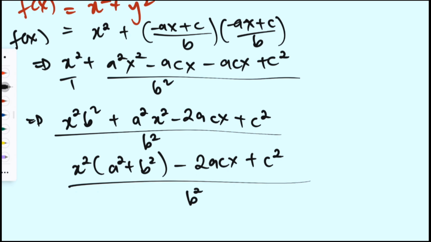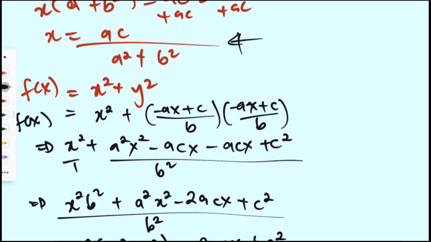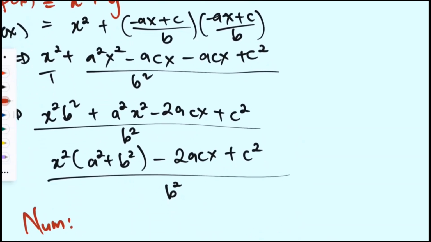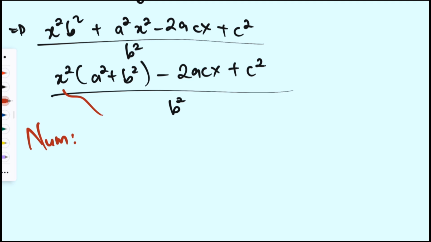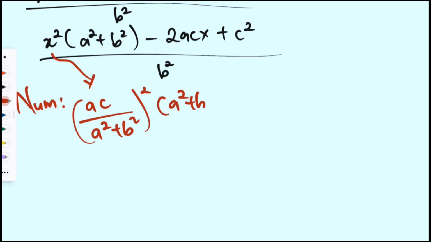Okay, now we're just going to slowly replace the x that we had so that we can get the minimum value. Working just with the numerator, we had x being equal to ac over a squared plus b squared, all squared, that's x, then times a squared plus b squared, minus 2acx plus c squared.